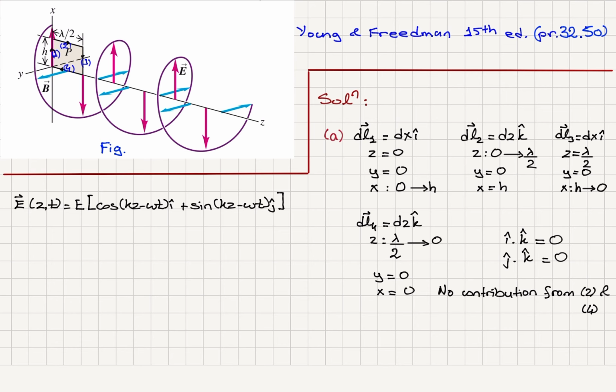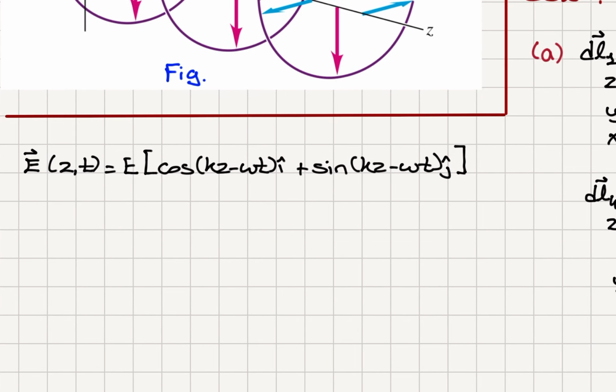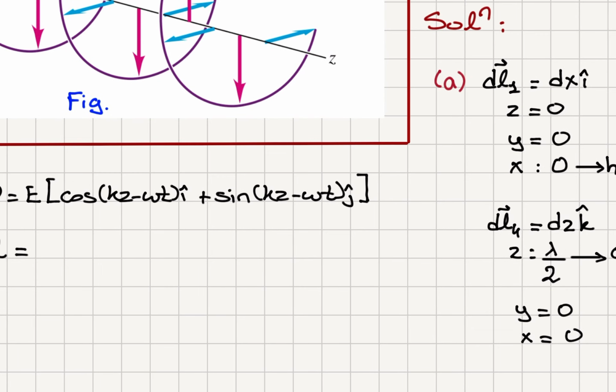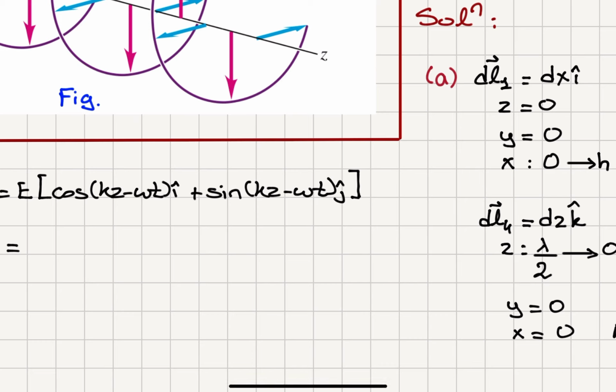Okay, so let's start writing the closed path integral E dot dl. For the first path, I'm going to take the dot product of this with dx i hat. So i hat dot j hat is 0, so this will give no contribution. This will be i hat dot i hat, which is 1. So I will have E cosine(kz minus omega t) dx, but z is equal to 0 on this path, so this is cosine of minus omega t.